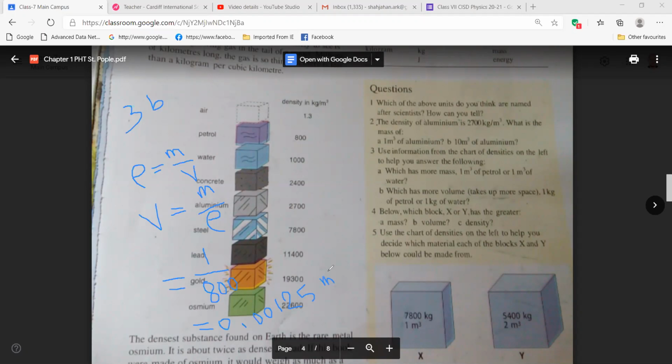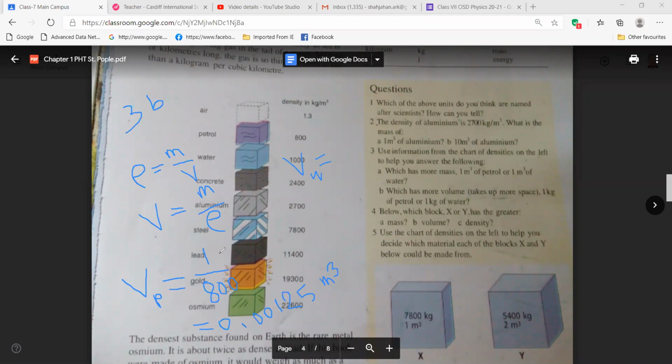Meter cube. Everyone should take these notes. They who couldn't do it yet, you should do it now. This is for petrol, right? So we are getting this volume for petrol, VP.